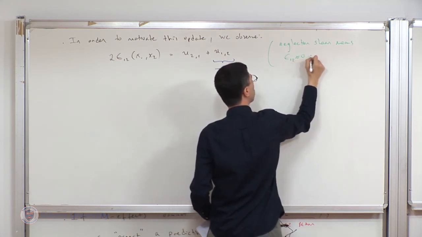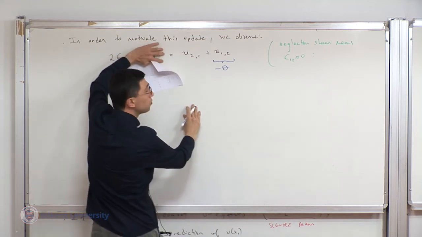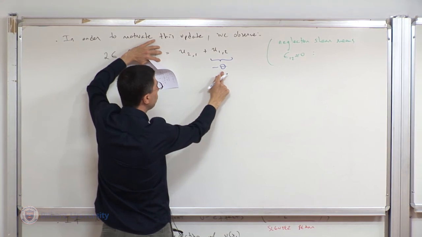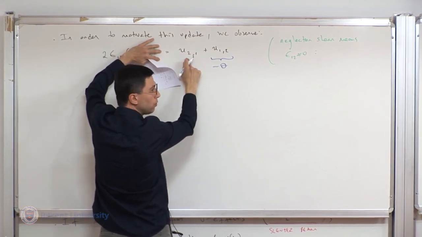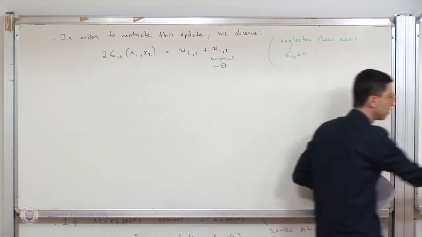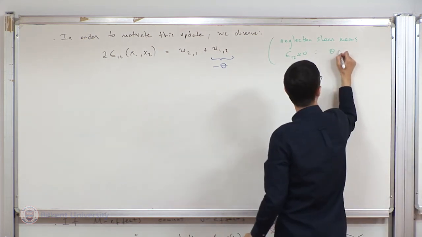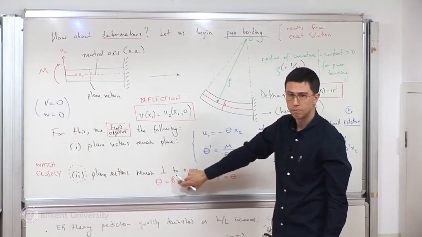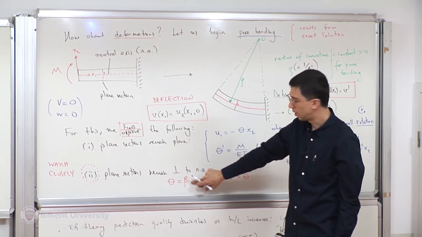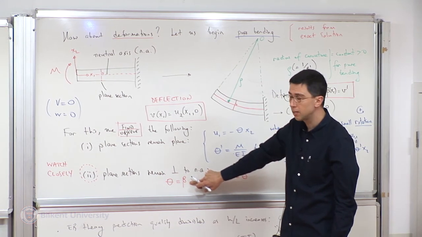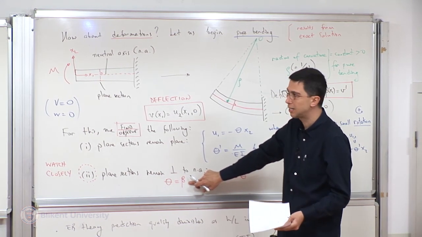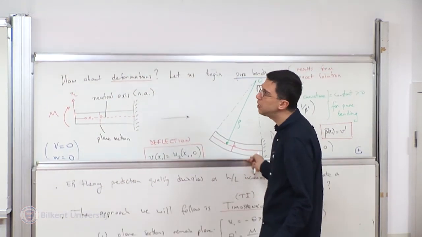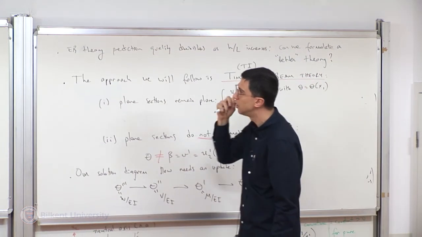Epsilon 1,2 is approximately equal to 0. And if this is equal to 0, what we immediately have is an expression for theta. Theta is equal to this quantity, which is beta. That was the observation that is correct for Euler bending, and that was the assumption that we invoked in the classical beam theory. Okay? And here we clearly see that that assumption really does indeed rest on neglecting shear.